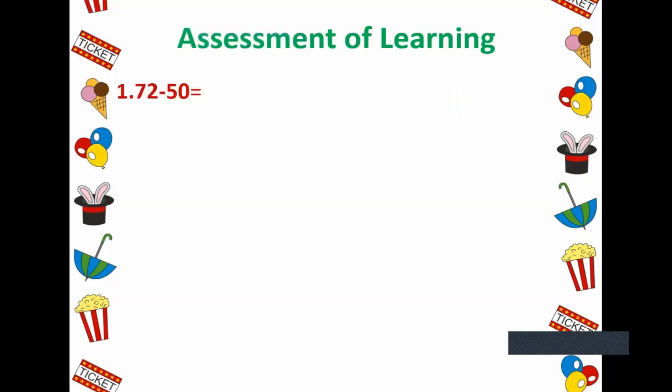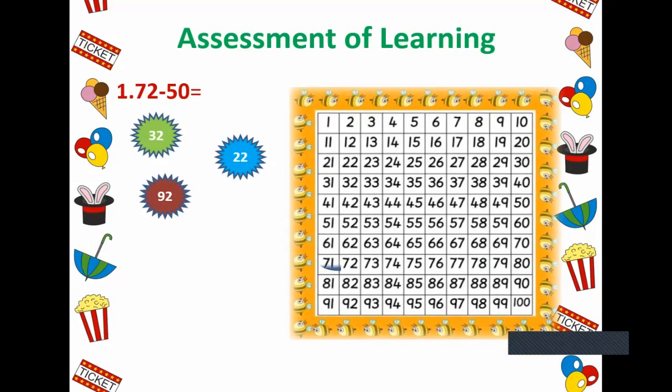Now, assessment of learning. Question number 1 is 72 minus 50. The options are 32, 22 and 92. You can see the number square on the screen.